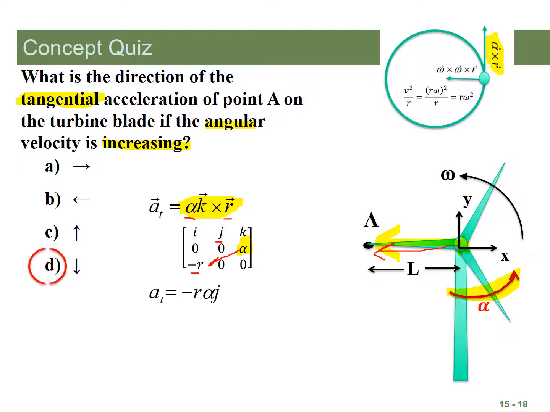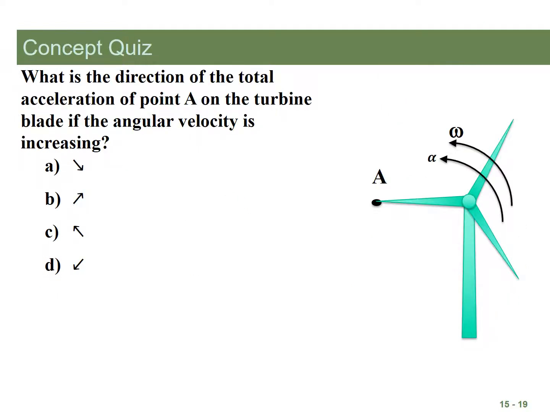So here's the direction of the tangential acceleration. It is in the negative J direction, and that makes sense, right? That the velocity is increasing, so that means that tangential piece of it is down. So we have the tangential piece down and the normal piece towards the center.